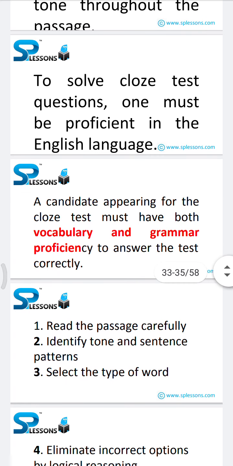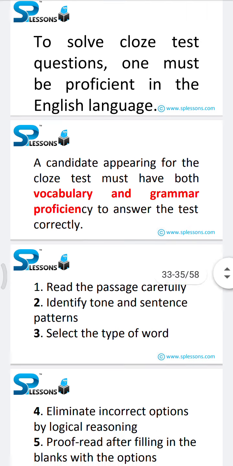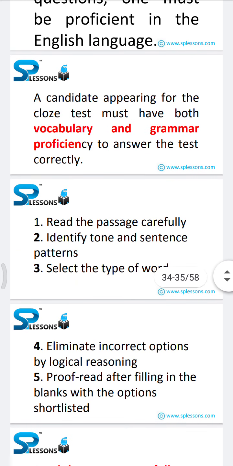Here I am providing some basic tips used to answer closed test questions in exams. First I'm listing them all in one place, and later I will explain one by one. Read the passage carefully. Identify tone and sentence patterns.